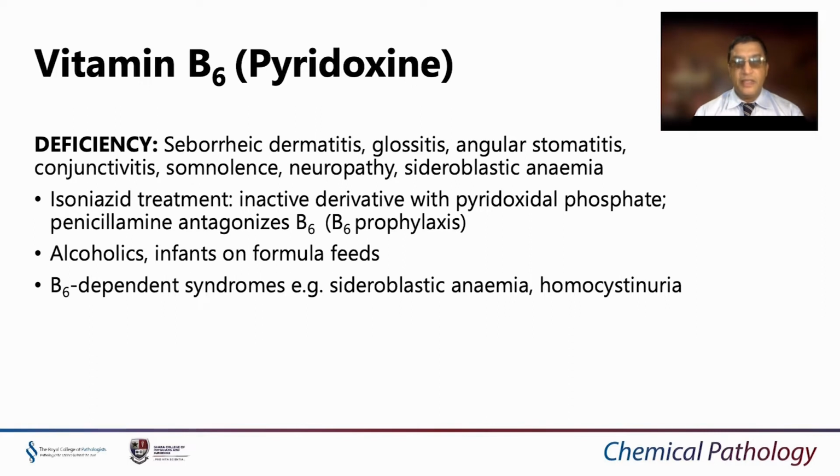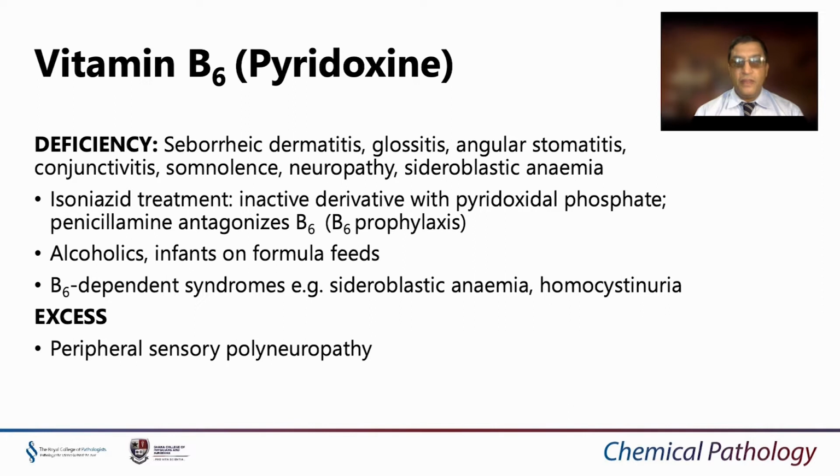Isoniazid treatment can inactivate derivatives with pyridoxal phosphate. Penicillamine antagonizes B6. B6 therefore can be given as a prophylaxis in treatments that result in a deficiency state.